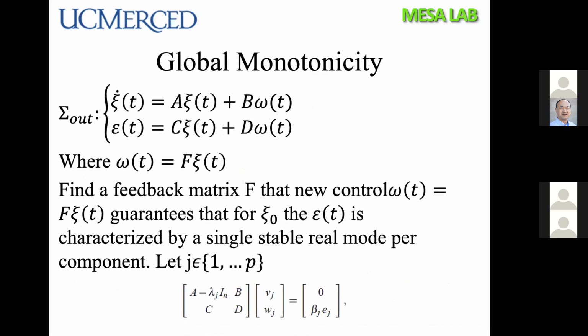The next part is about the global monomial setting. In the previous section, we observed that in order for the problem of global monomial checking to be solvable, we need to excite at most p modes in the checking error, with one mode per error component.